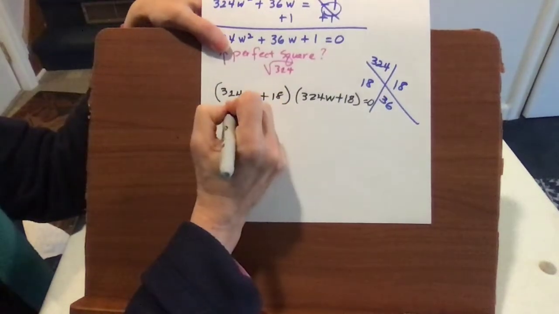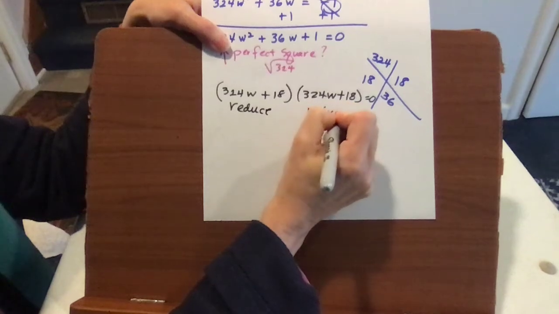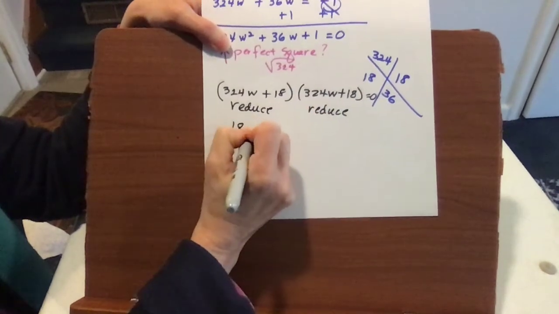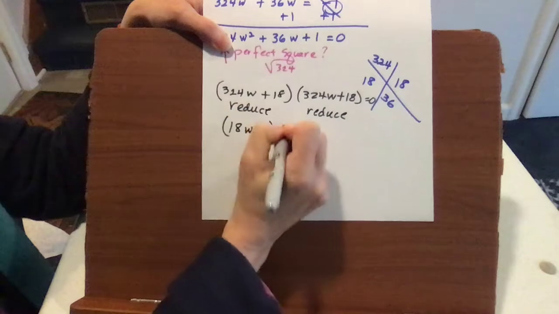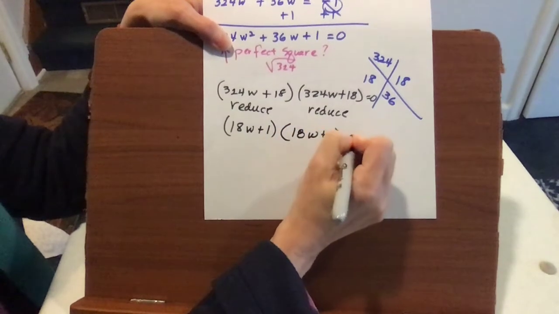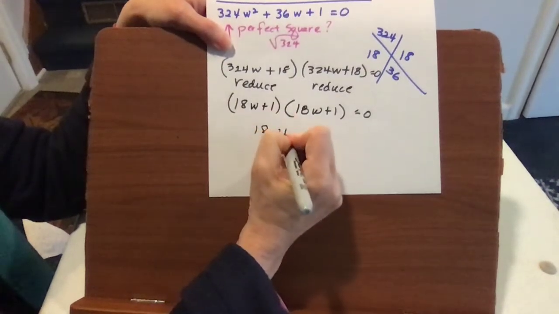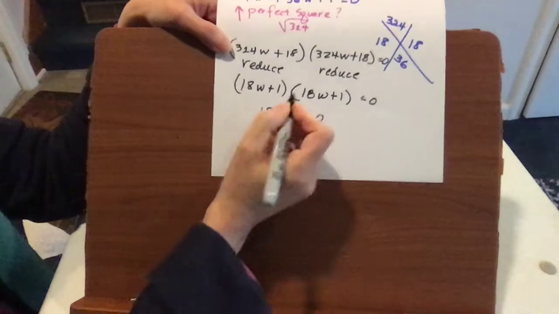So factor out and reduce this, okay? And reduce this. And you're going to get 18w plus 1. You're going to get 18w plus 1. And it equals 0. So since they're both the same, we'll take it one time and we'll solve.